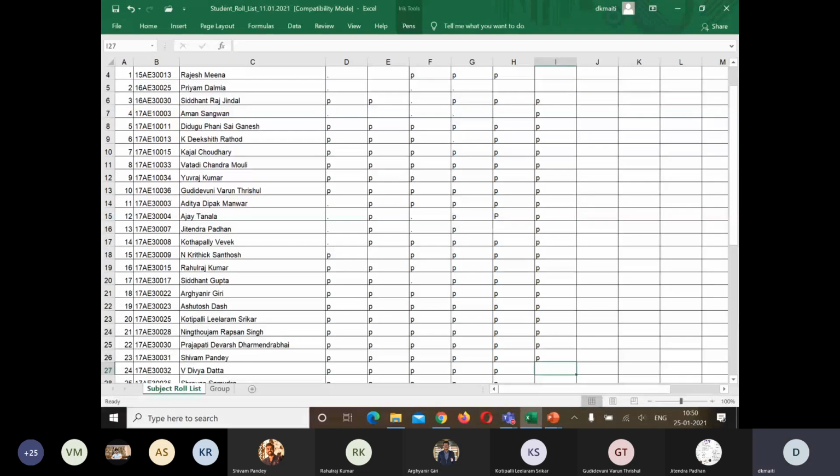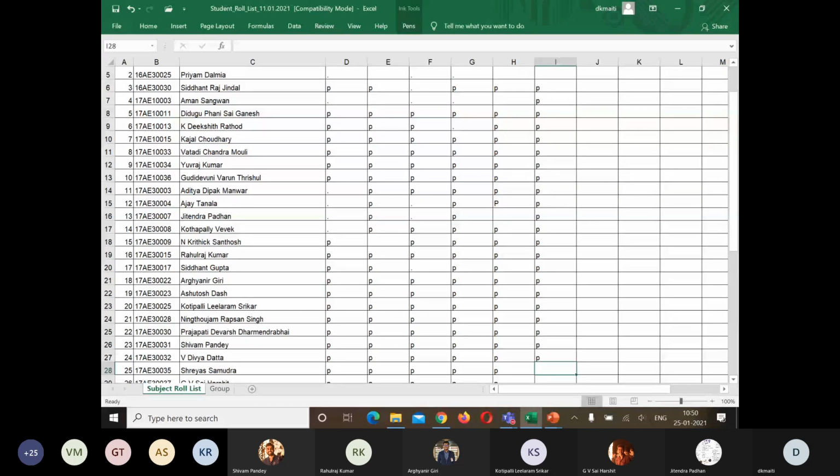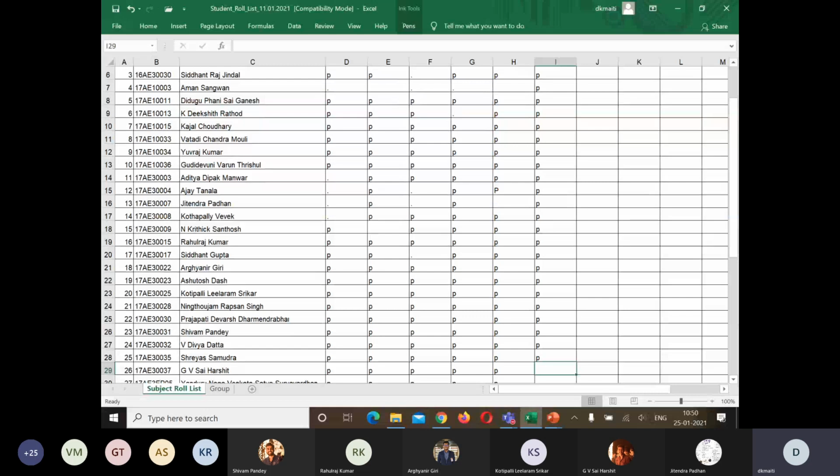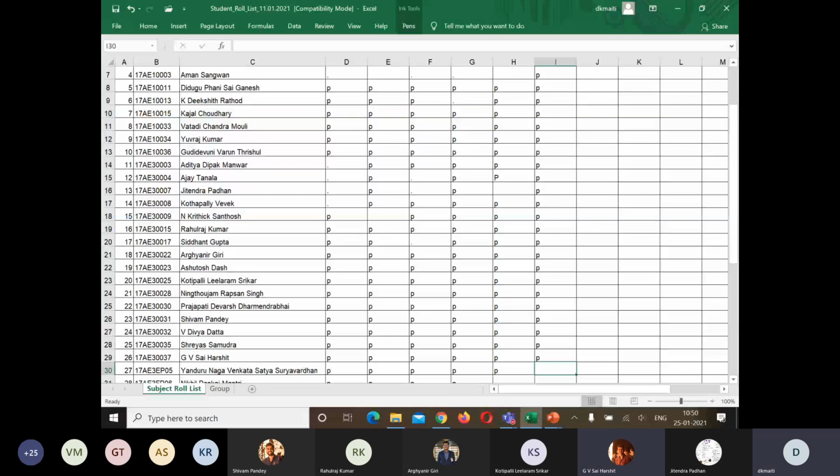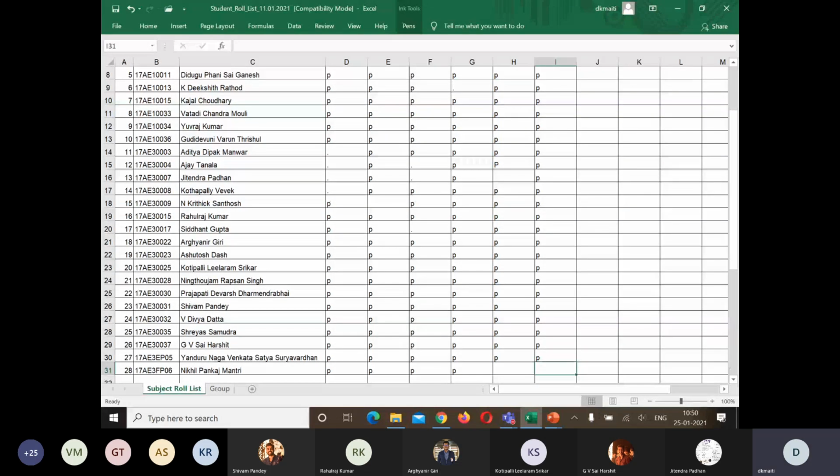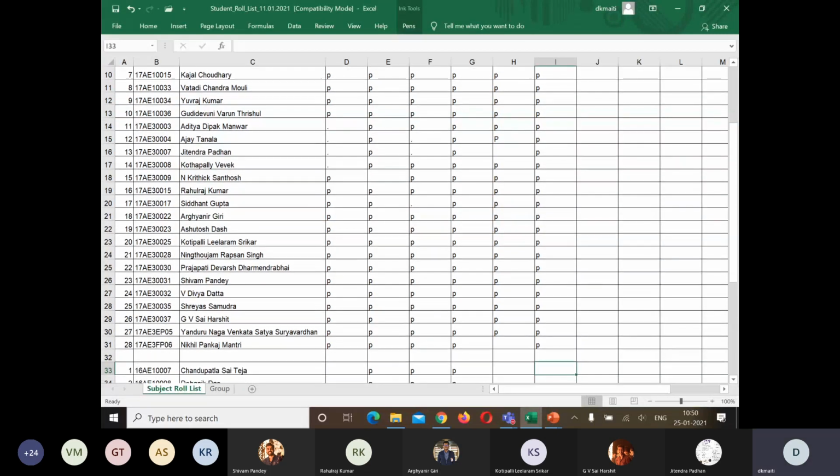Shreyas Samudra, Sai Harshit, present, sir. Venkat Satya, present, sir. Suryavardhan, present, sir. Nikhil Pankaj Mantri, Chandrapatla Sai Teja, Evanik Das, present, sir.